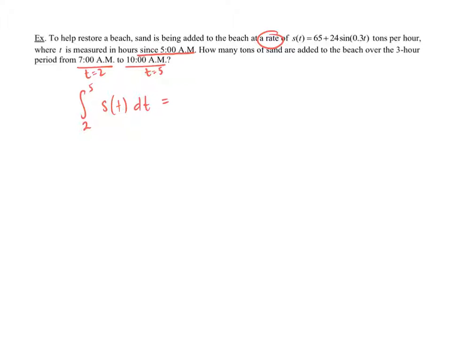Now, this is a calculator active question, so I'm going to use my calculator now to evaluate this integral using the Math 9 button, and the answer I get is 255.3678. And this is the number of tons of sand that is added to the beach between 7 a.m. and 10 a.m.